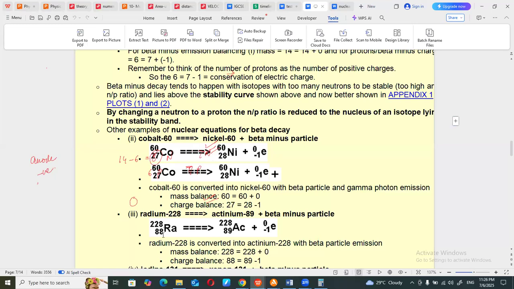Same thing happened with the radium and all. So this is the equation of alpha, beta, and gamma. Now remember that in the case of gamma, the equation remains the same because it doesn't affect anything, right? So this is the point.